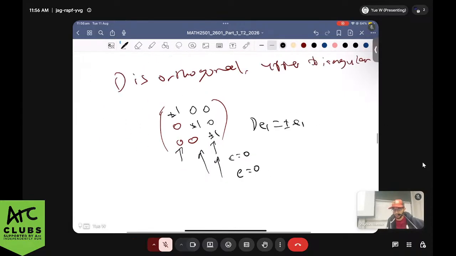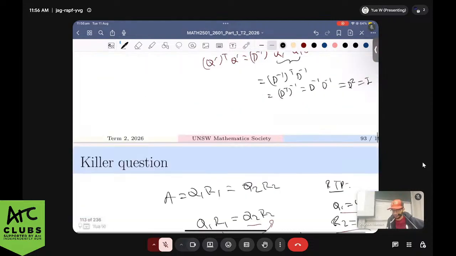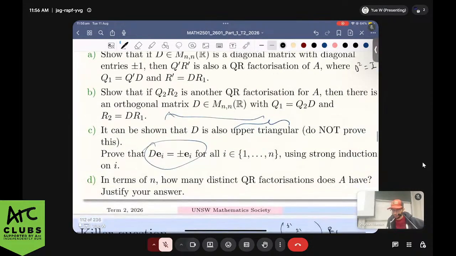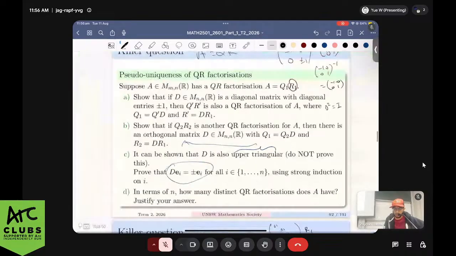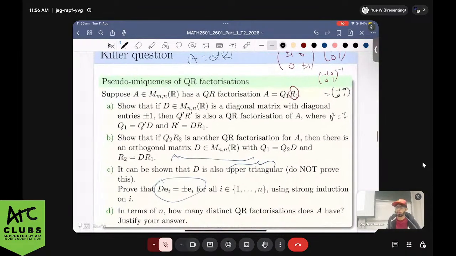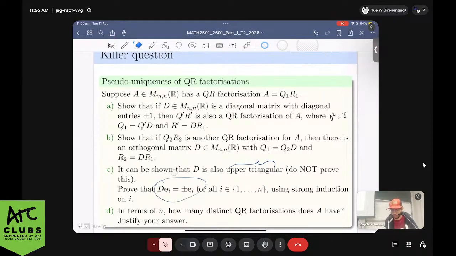If you want to formalize it, you can try it later. But this is taking a bit of time. Okay, in terms of n, how many distinct QR factorizations does A have? So what we proved in part, let's see, what have we proven? We've proven if you have a QR factorization, you can make a new one by applying a matrix D where the diagonal entries are plus minus 1.